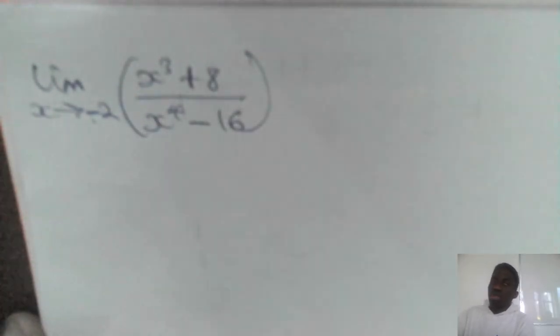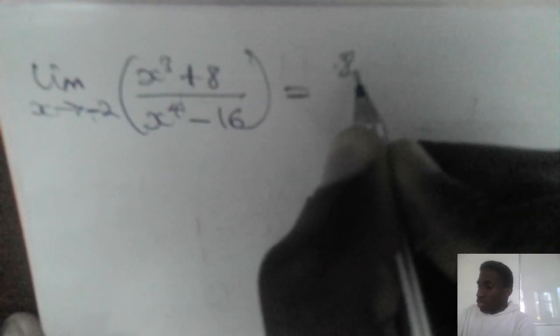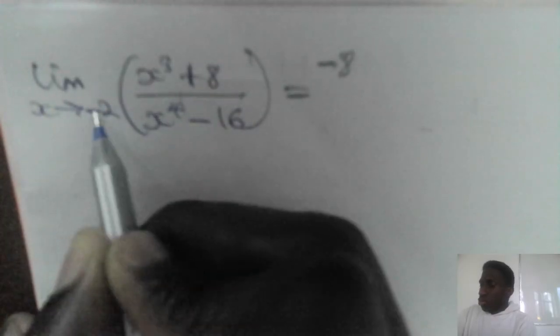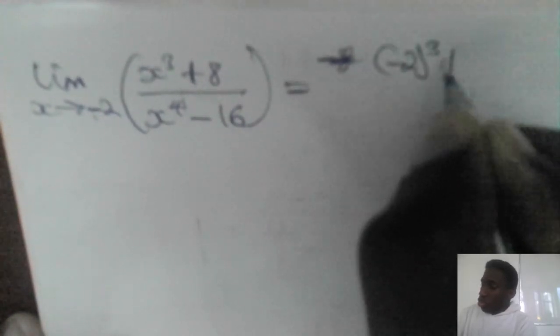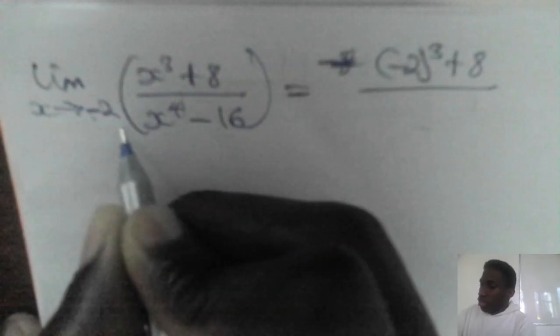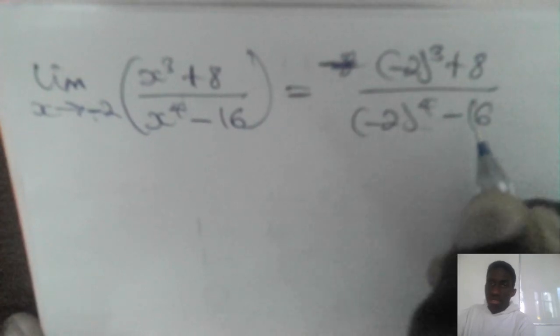As usual, we always start with the substitution method. If we do that, we get minus 2 all cubed plus 8 divided by minus 2 to the power of 4 minus 16.